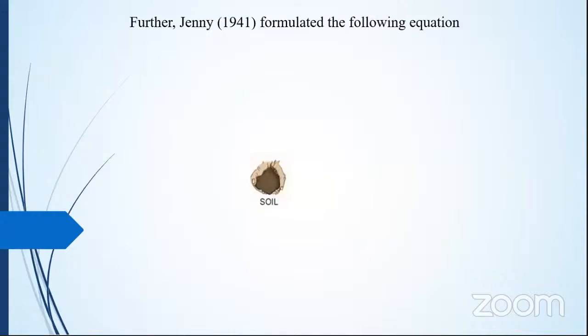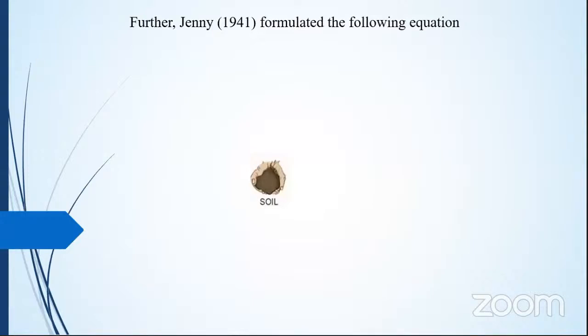So anyway, students, another scientist, Jenny, formulated the following equation. That means he proposed another form of soil forming factors in addition to Dokuchaev. He proposed the following soil forming factors. What are those?